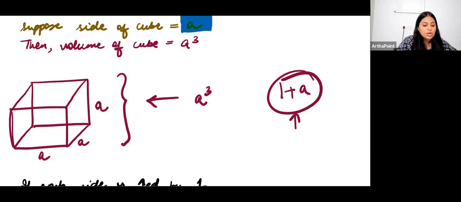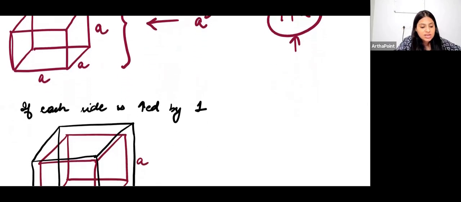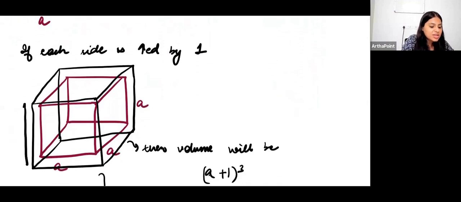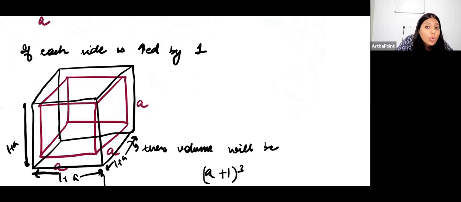Are you getting it? Each side, whether it is length, breadth or height, is getting increased by 1. So for this cube, length is 1 plus a, breadth is also 1 plus a, and height is also 1 plus a. If I ask you what will be its volume, you will tell me 1 plus a whole cube.